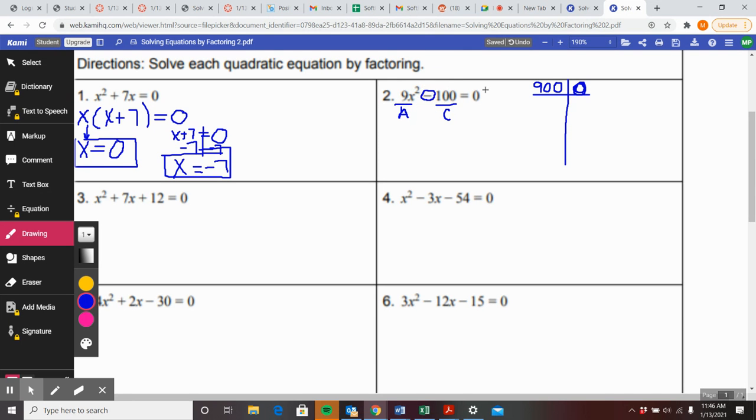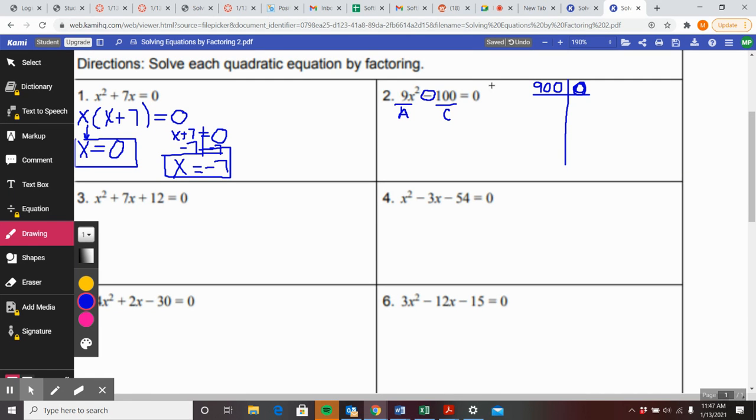Okay. And we're still going to subtract. So what are some factors? So it's got to be something like 10 minus 10, 25 minus 25. So that's the factor we're trying to find of 900. Anybody know what it is? What times what gives you 900?